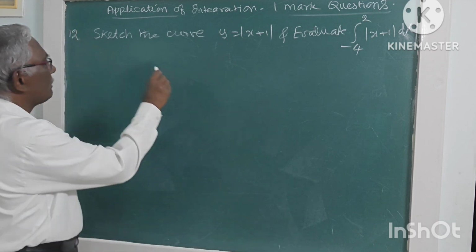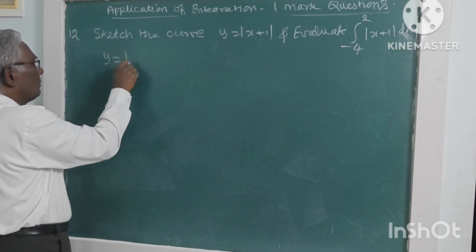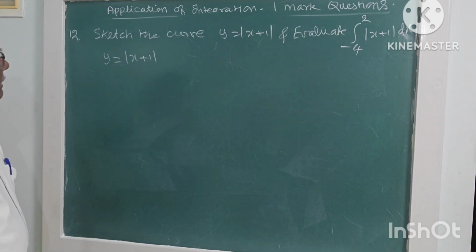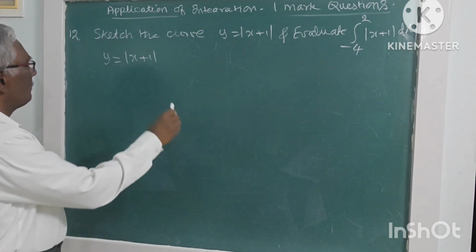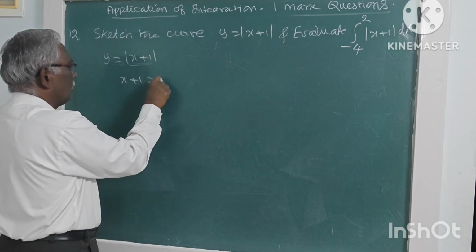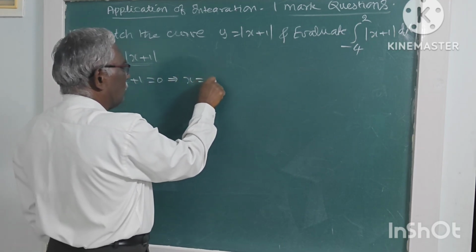Now the function is modulus of x plus 1. To sketch the curve, we have to equate x plus 1 to 0. This gives x is equal to minus 1.